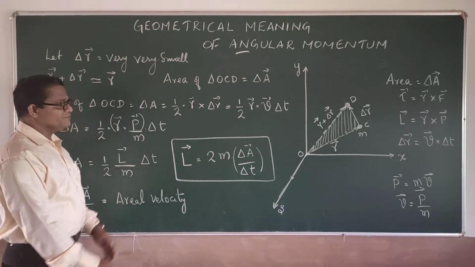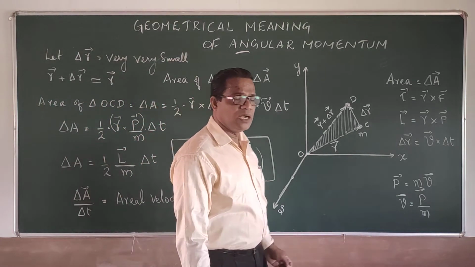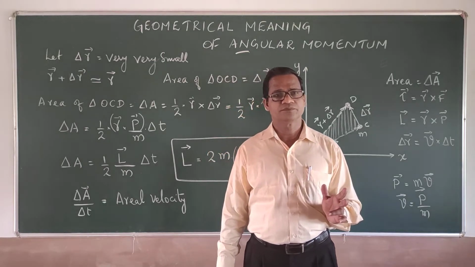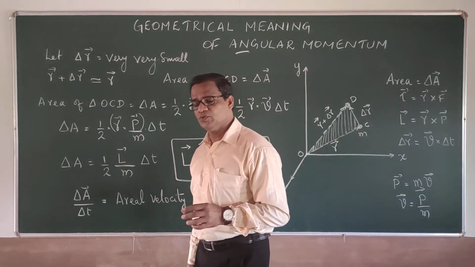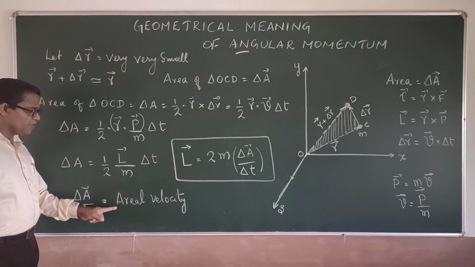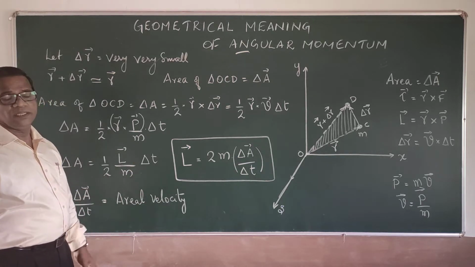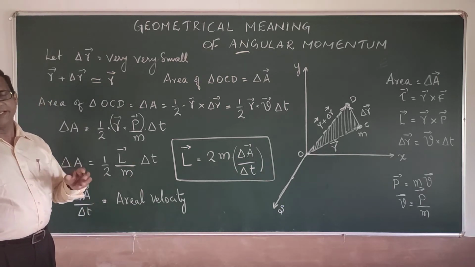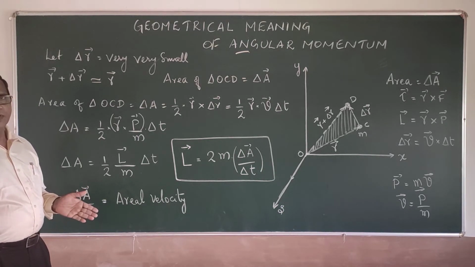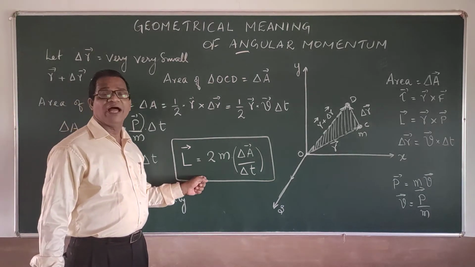Now, what is the importance of this geometrical meaning of angular momentum? You know Kepler's second law of planetary motion. There we come across a quantity called areal velocity. This areal velocity of the planets moving around the sun is found to be constant, and to prove Kepler's second law, you can take the geometrical meaning of angular momentum.